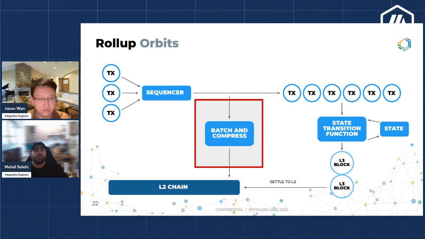But for rollup Orbits, remember we have two types: rollup and AnyTrust Orbits. The rollup Orbit stack is something similar to this. I don't want to go into details, but the main point I want to clarify is that, as I said, the sequencer on the Arbitrum stack would batch and compress all the transactions and send them to the parent chain. For L3 chains, it would be settled to L2, right?